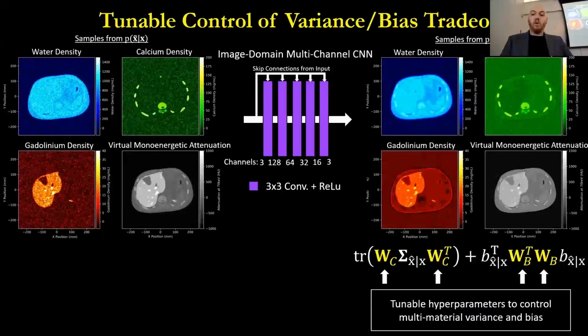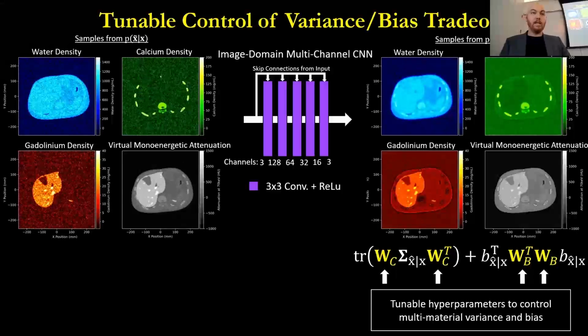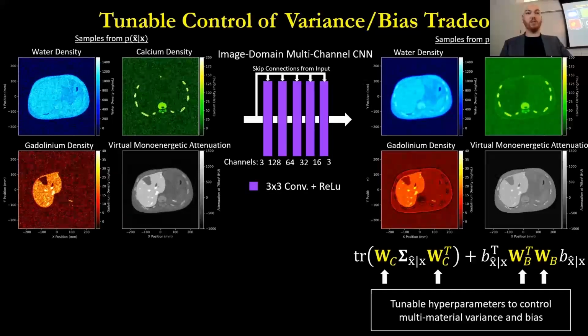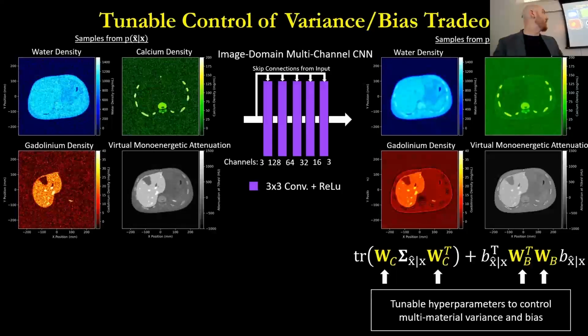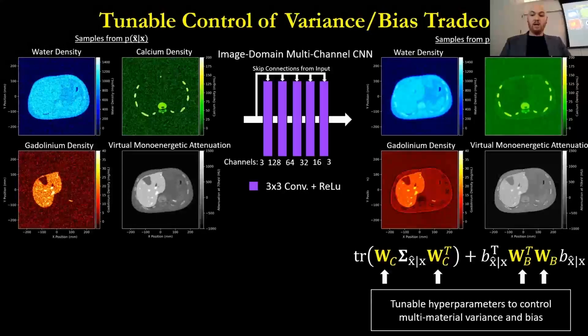So in this work, we want to apply tunable neural networks to spectral CT imaging. But for the multi-material case, things get a little more complicated. In addition to the cross-voxel noise correlations, we also have cross-material noise correlations. And if we train the joint material denoising network with mean squared error, we also see these cross-material biases, which may not be acceptable for a lot of applications.